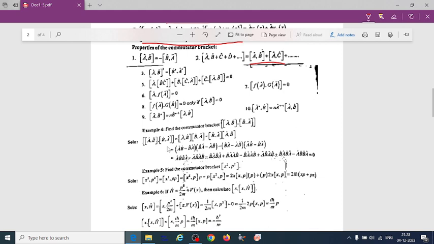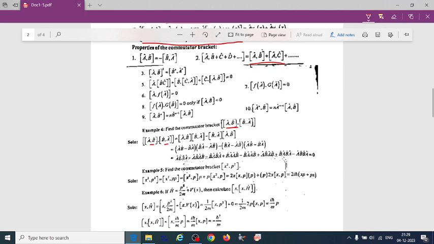Then let us take one example here. The commutator bracket of a comma b comma b comma a. So here inside this commutation we have again commutator brackets, a comma b and b comma a. How can we solve it? First, write the commutation relation for these two given brackets inside: a comma b, b comma a minus b comma a, a comma b.